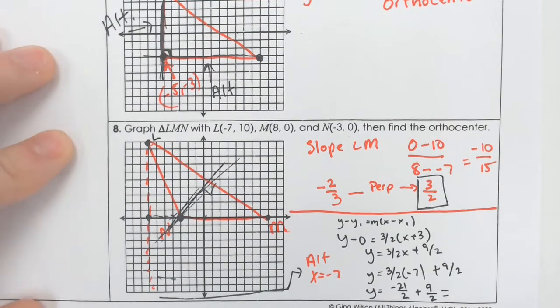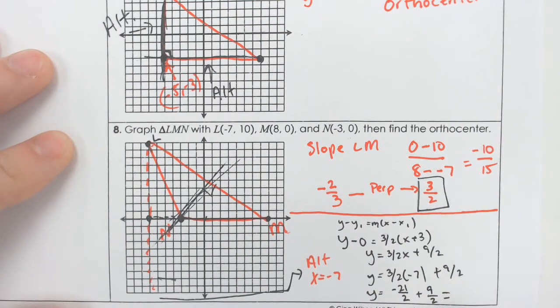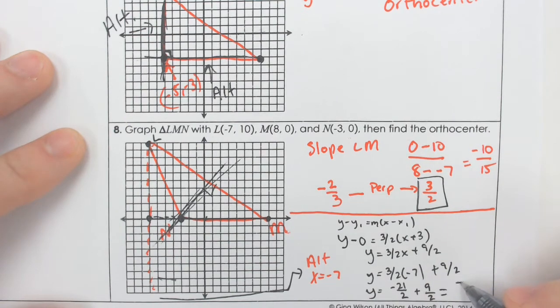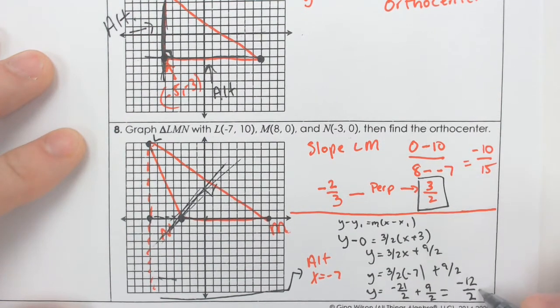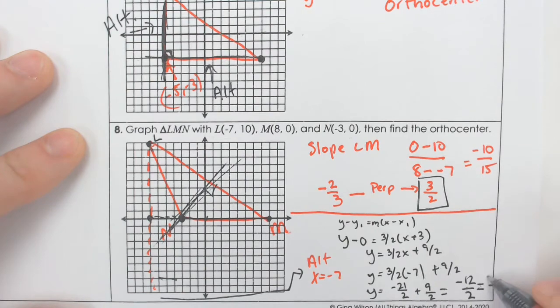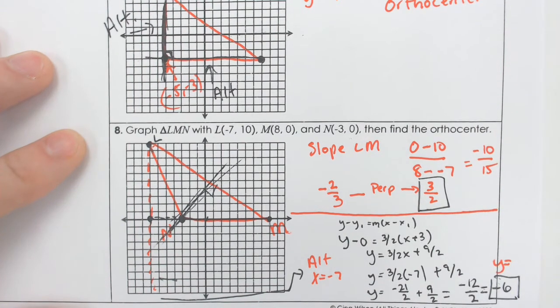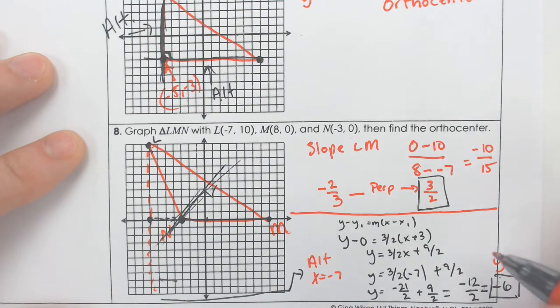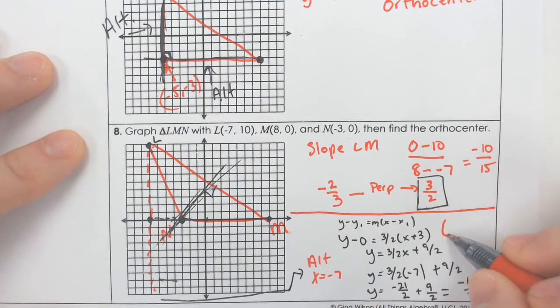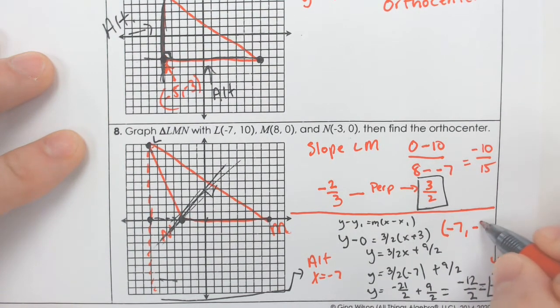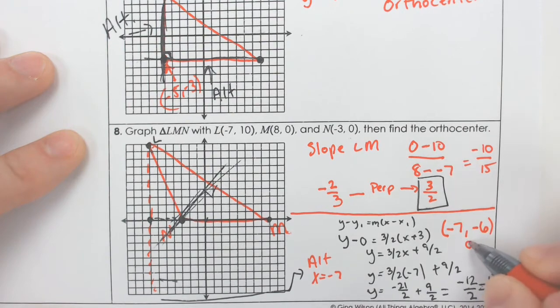What happens when I add negative 21 and 9? Well, that is going to be negative 12. What's negative 12 over 2, though? Just negative 6. So that is my y value, negative 6, and my x value is negative 7, which means that the orthocenter is going to be on the point x comma y, negative 7, negative 6. That is my orthocenter.